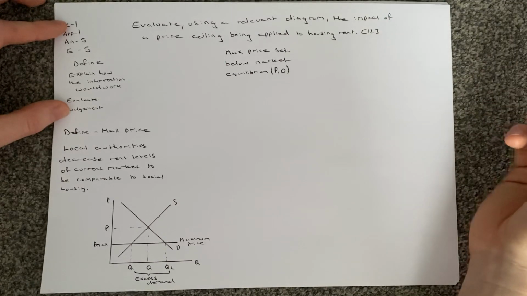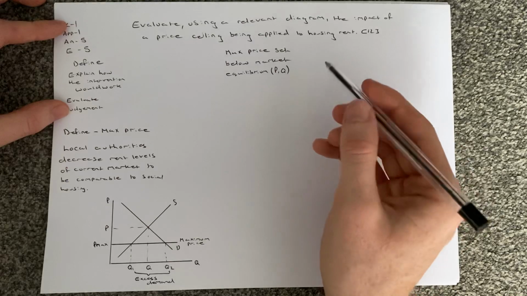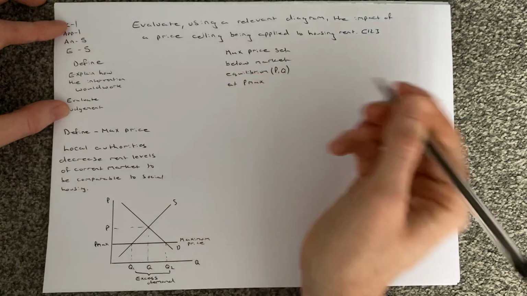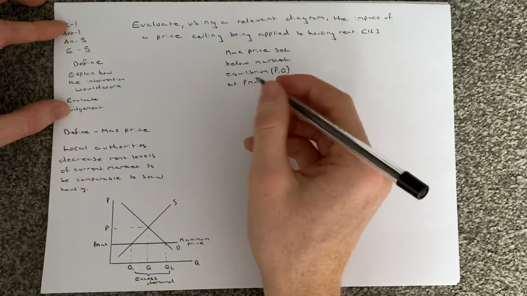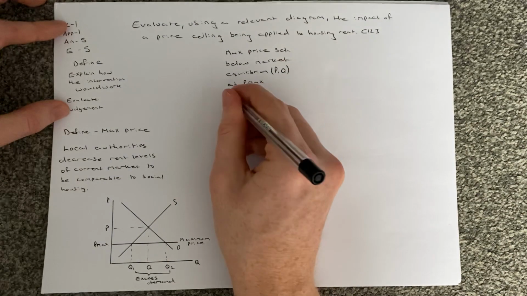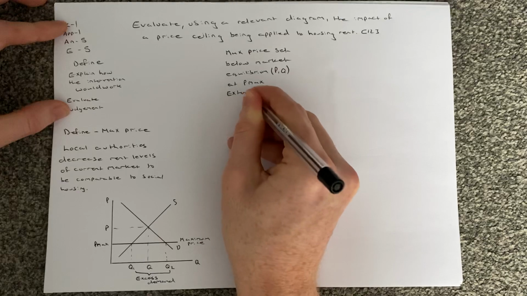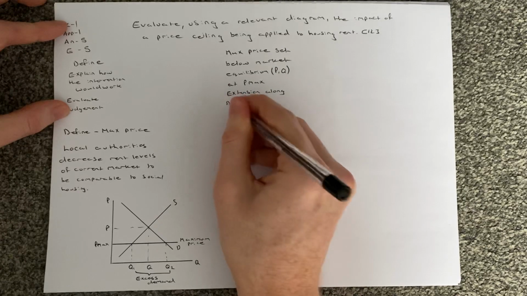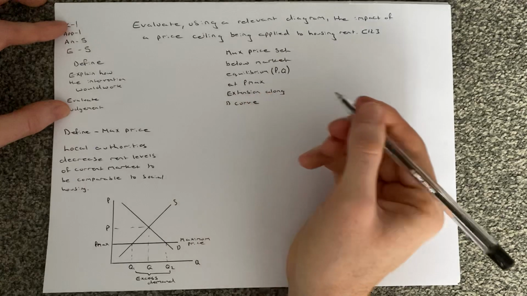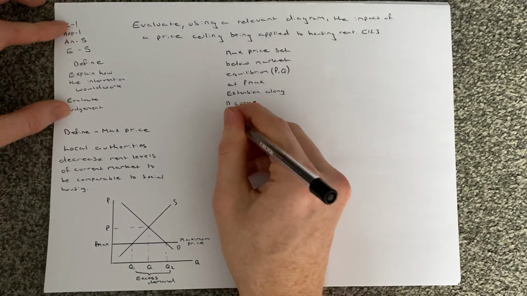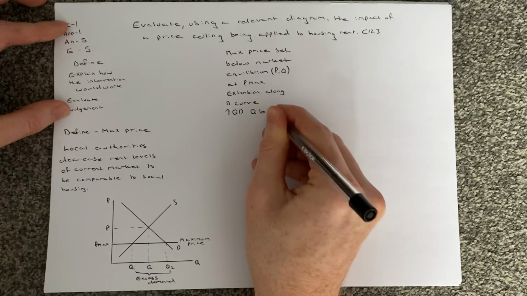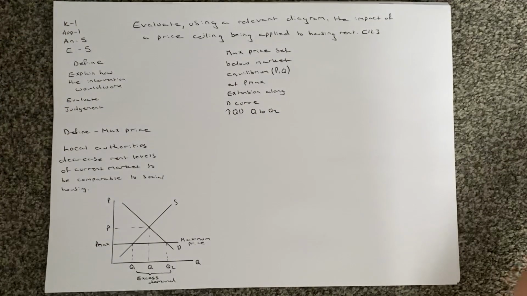What does this mean? Well, maximum price set below the market equilibrium at P max. Okay, what does that mean? As I said a moment ago, it means that there's an extension along the demand curve, leading to an increase in quantity demanded from Q to Q2.